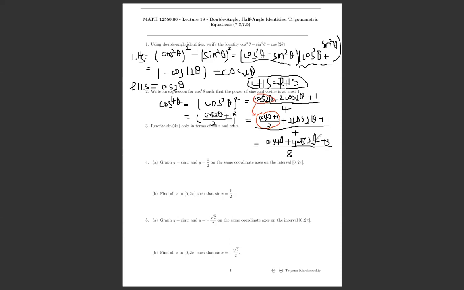Now everything has power at most 1, instead of the fourth power right here. Does that make sense, everyone? So basically here you use the power reducing identities right here and right here. Use it twice.